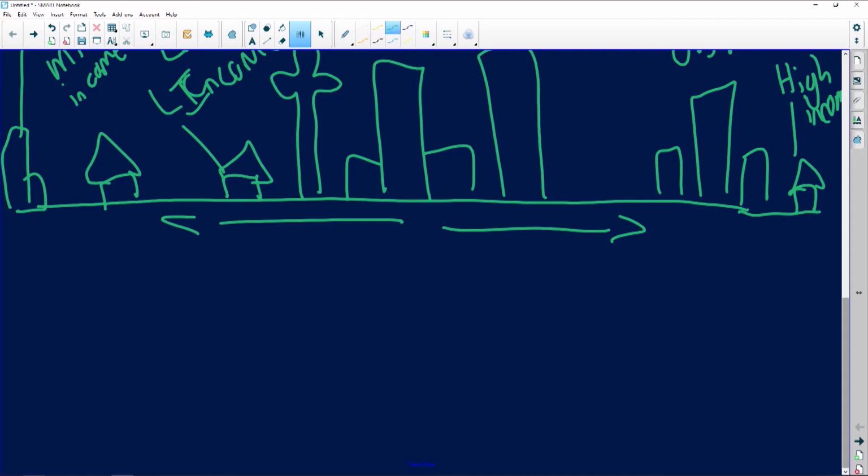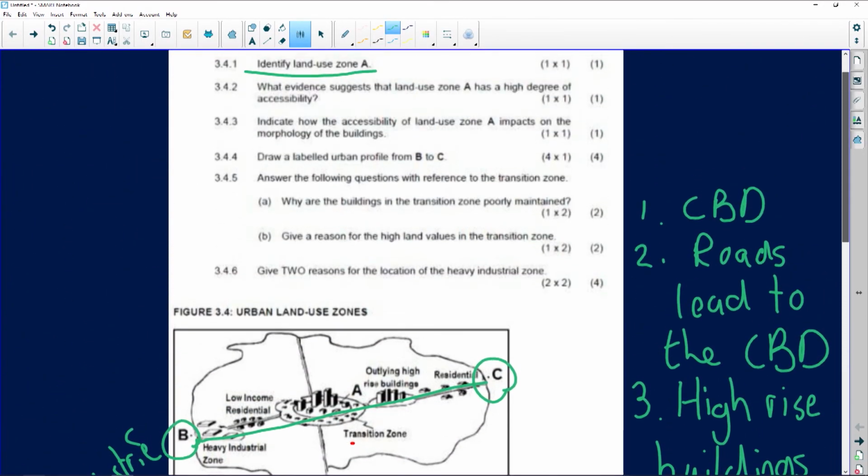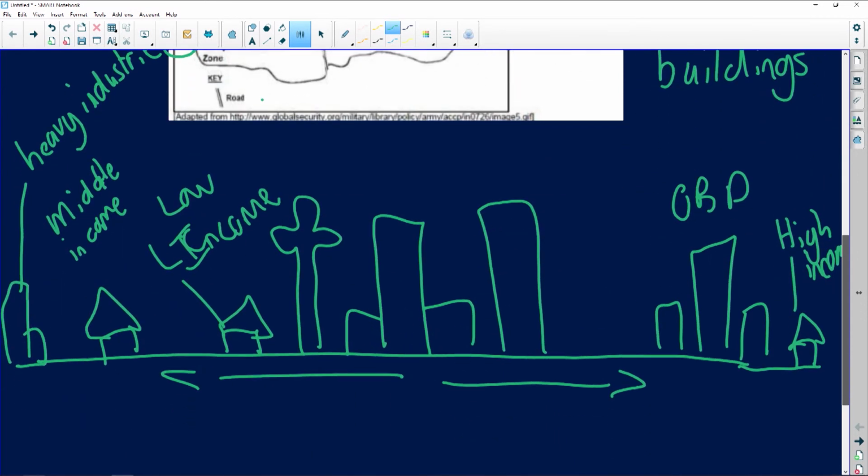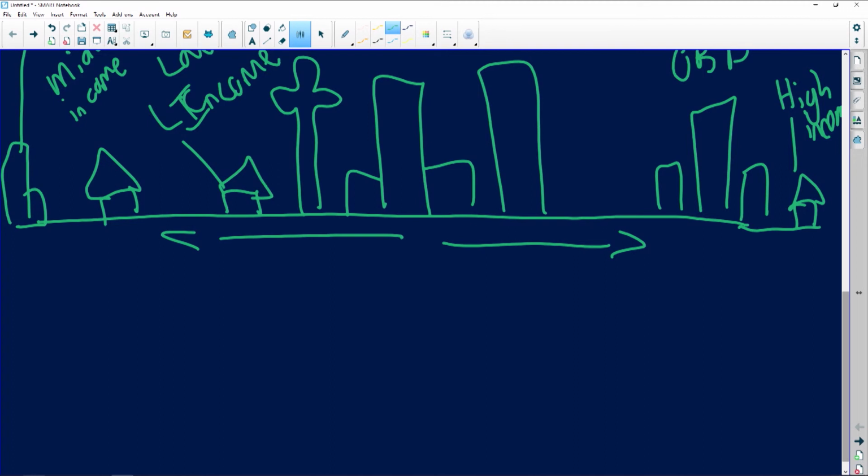But if we go and look at our next question, and it's a very interesting question, and I love this question, give a reason for the high land values in the transition zone. So in contrast, we've just mentioned that these buildings are dilapidated, they look sketchy, and they look run down. But if you look at the property value, it's still very high. The simple reason for that, grade 12s, is because it's so close to the CBD. Now, if you look at property value in the CBD, it's extremely high.